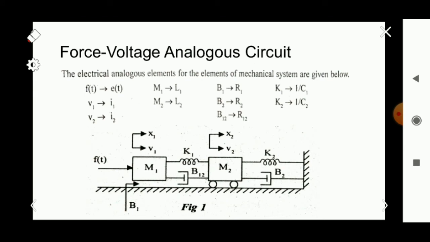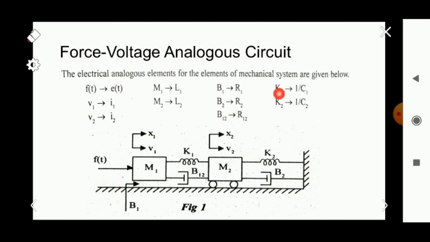By observing this figure, first we have to write the analogous elements for each one of the mechanical elements. First one is f of t. For the force voltage analog circuit, the corresponding analogous term is E of t. For m1 it is L1, for m2 it is L2, for b1 it is r1, for b2 it is r2, for b12 it is r12.